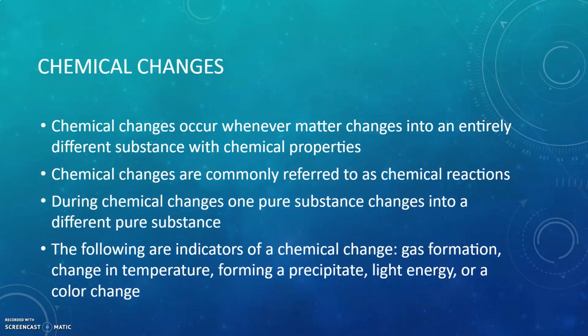Okay, again, to reiterate this, because this is extremely different from our physical properties, chemical changes is when a pure substance changes into a different pure substance. And again, pure substance, element, compound. So one element or compound changes to a different element or compound, right?